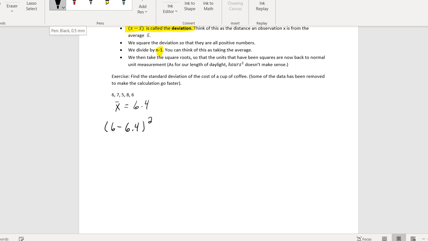So we're going to take 6 minus 6.4 and square it. We're going to take 7 minus 6.4 and square it. 5 minus 6.4 and square it. 8 minus 6.4 squared, and 6 minus 6.4 and square it.